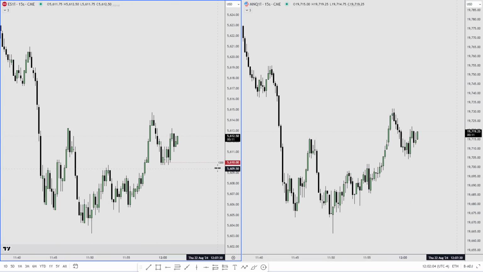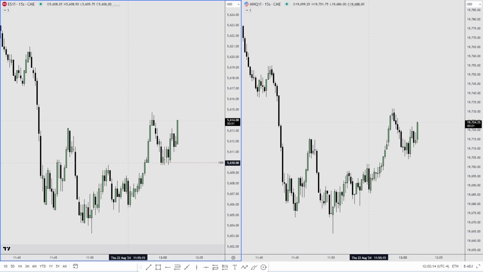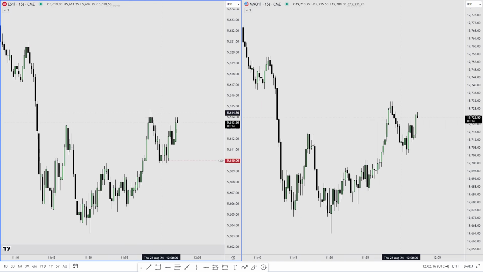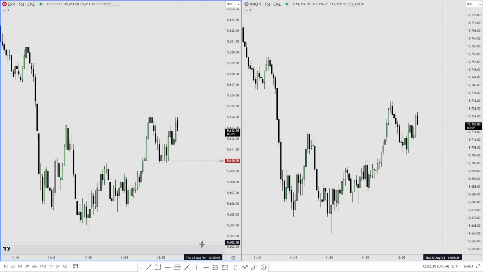Alright, so I'm marking this 12 because I'm looking at the hourly candle, power of 3, and I'm watching to see if we can trade into that 50 minutes fair value gap, which is above this high, and then this plays lower into this low here, I mean into this objective here.